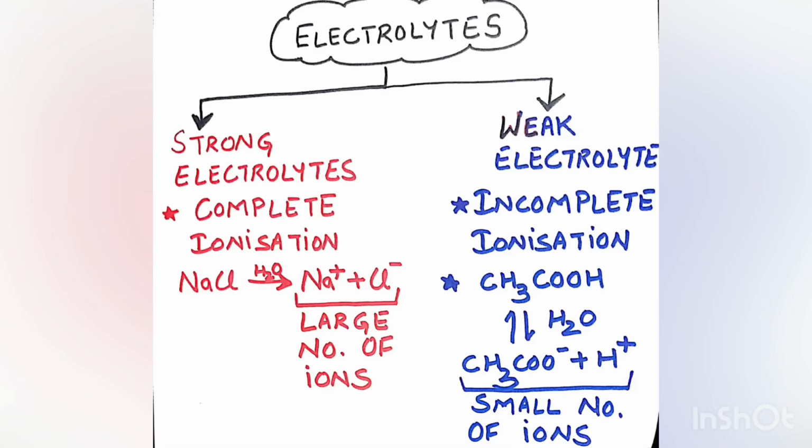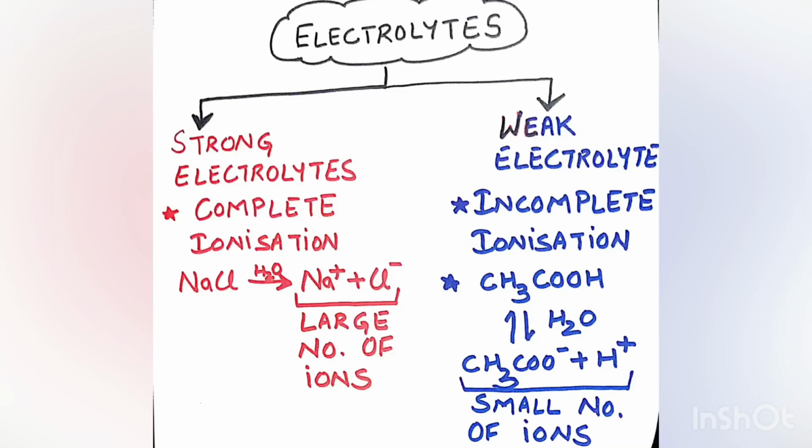In this case, if we test it with the continuity tester, the bulb will glow with more brightness. Whereas if we talk about a weak electrolyte, take the example of acetic acid, which is present in vinegar. In the presence of water, it will not undergo complete ionization. Only a few molecules of the acetic acid will undergo ionization.